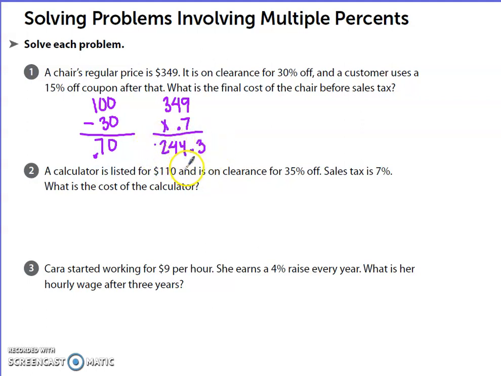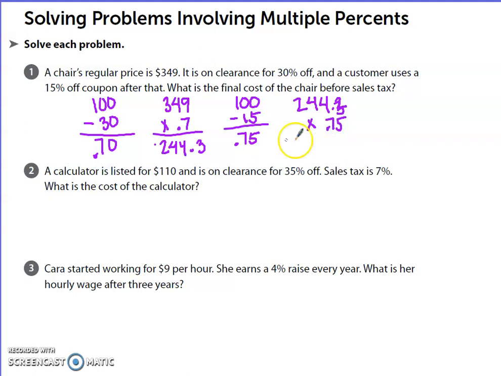Now the customer has 15% off of that, so you'll need to subtract from 100. 15% off of that is 75%. D2P, and you're going to multiply that new price times 75%.